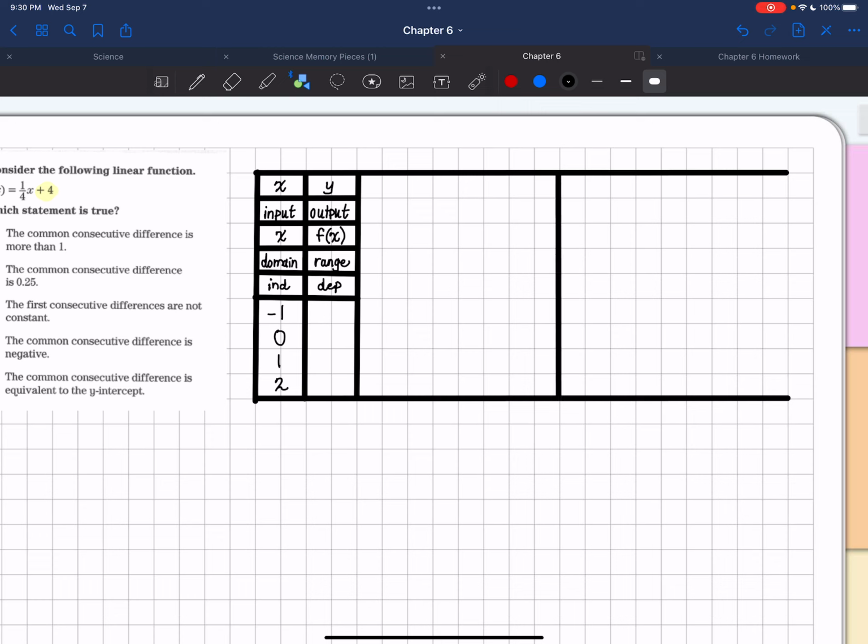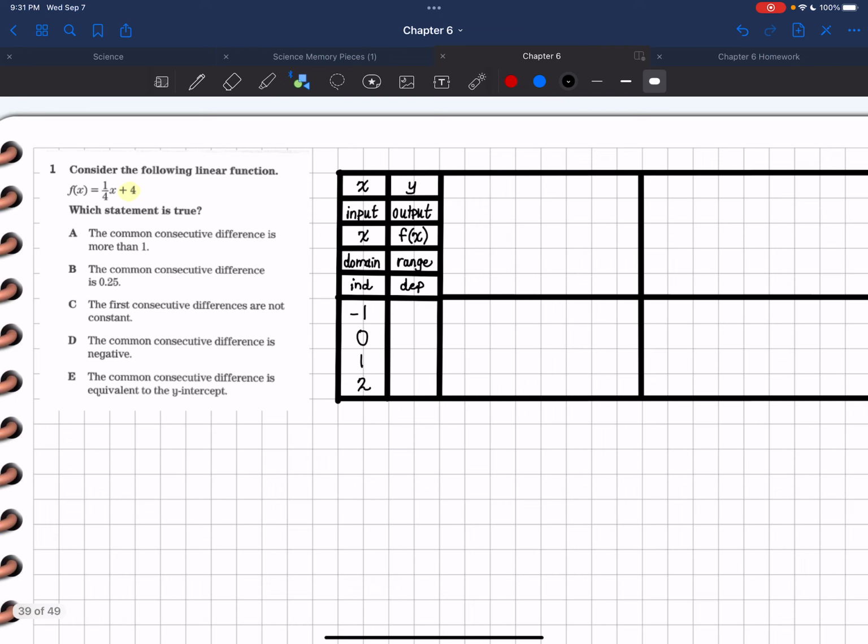Let's leave plenty of room to do the math. And that'll go across here. And so I'm going to write my function in there. It is f of x equals 1/4 of x, add 4. So that's the function that we are going to be working with.